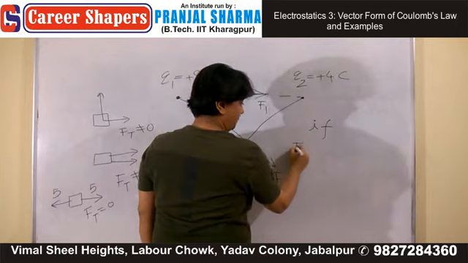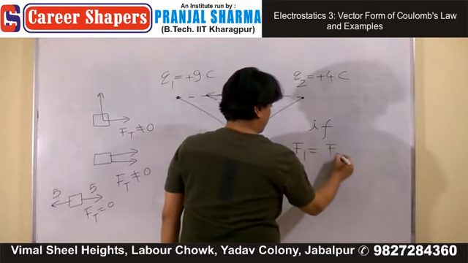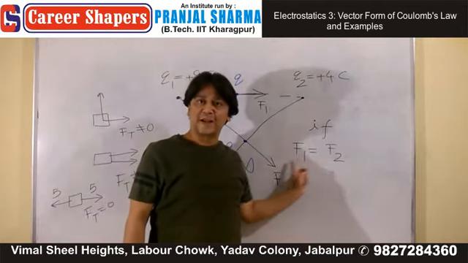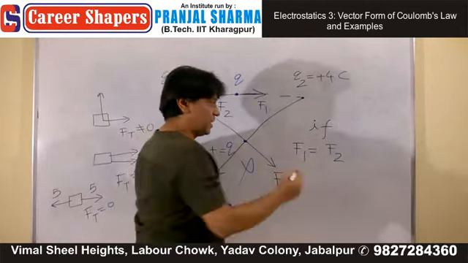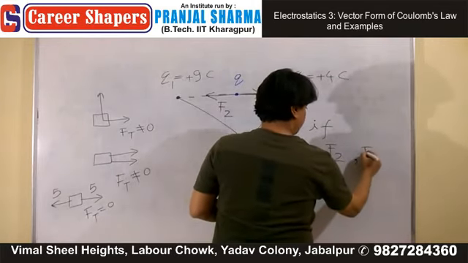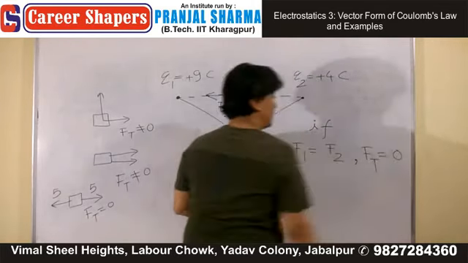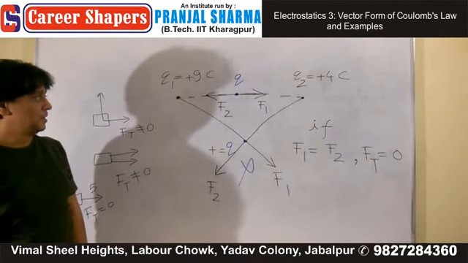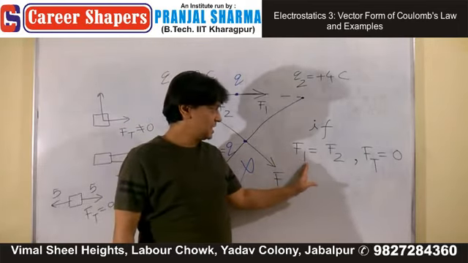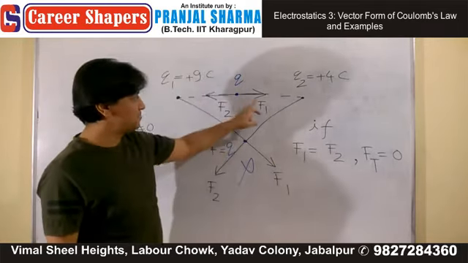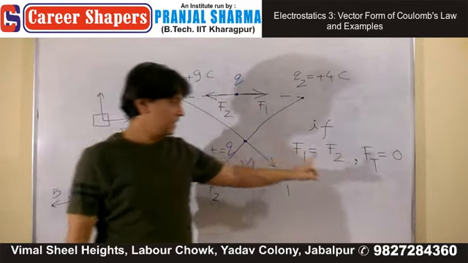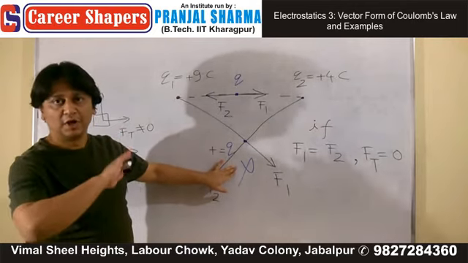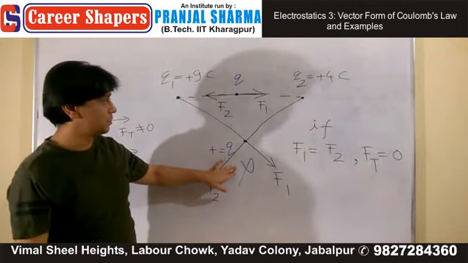If F1 is equal to F2, if both forces are of same magnitude, then F total will become 0. Only then can F total be 0. A situation like this will never give you total force 0.